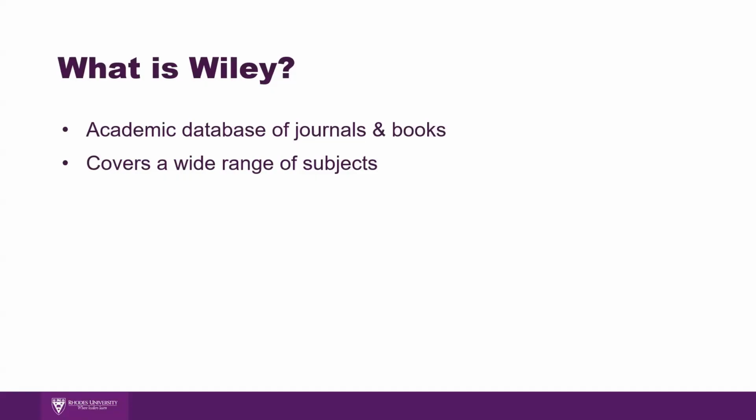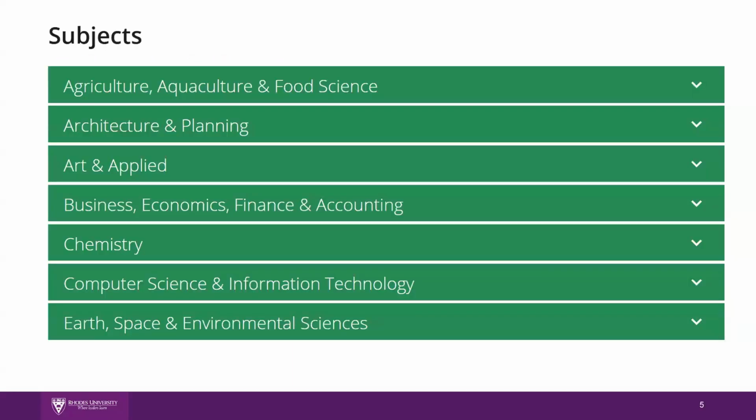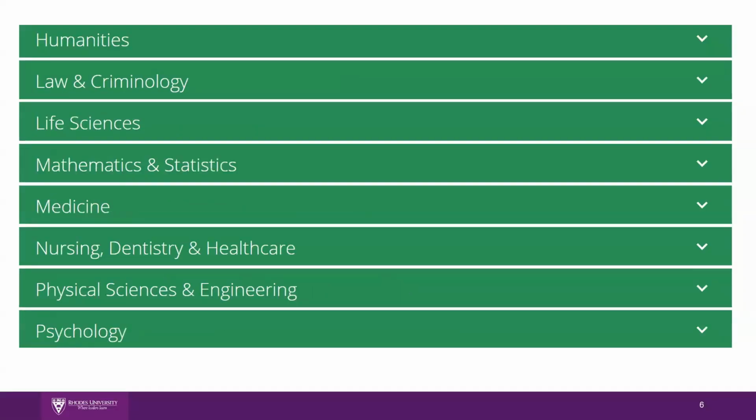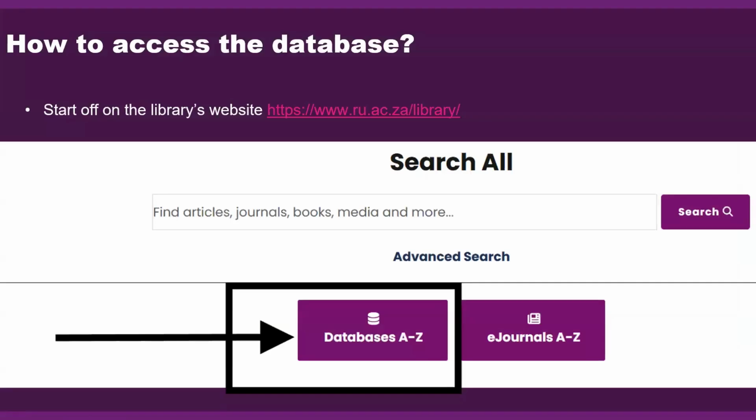Now, the Wiley Online Library is an academic database that contains both journals as well as books. So it covers a wide range of subjects, and the different subjects that it covers range from agriculture, architecture, arts, chemistry, computer science, earth, space, and environmental sciences, alongside the humanities, law, and criminology, the life sciences, mathematics and statistics, medicine, psychology, physical science, nursing.